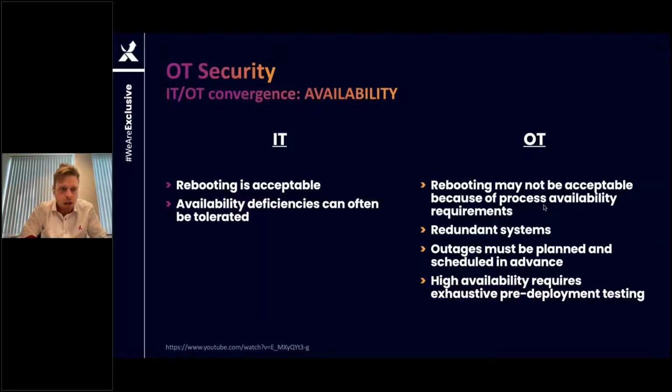Back in the days, rebooting a server, domain controllers, was a really big issue, but nowadays these systems can handle a reboot. So this can often be tolerated. With OT, that's not the case. With OT, if you have a factory running 24/7, your processes need to be available all the time.